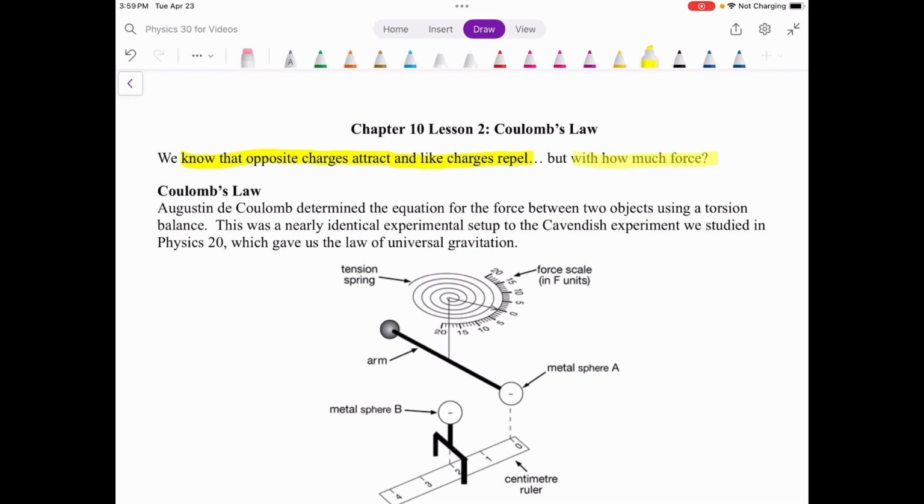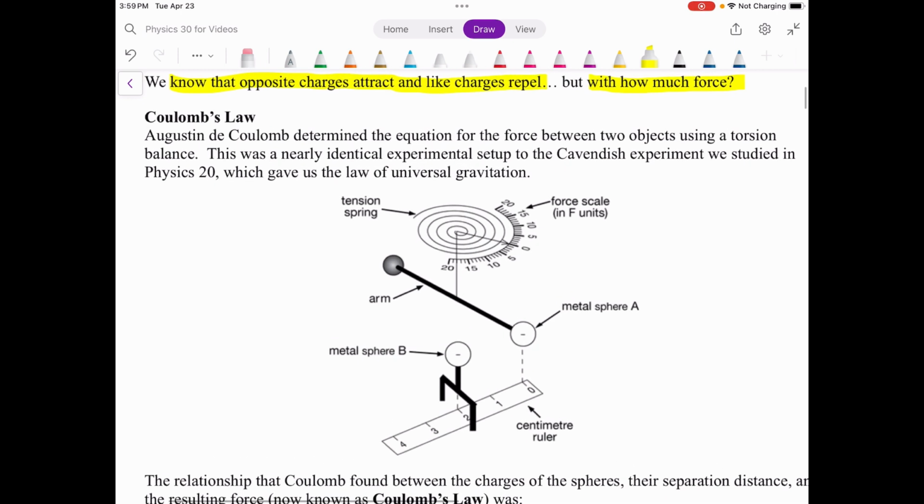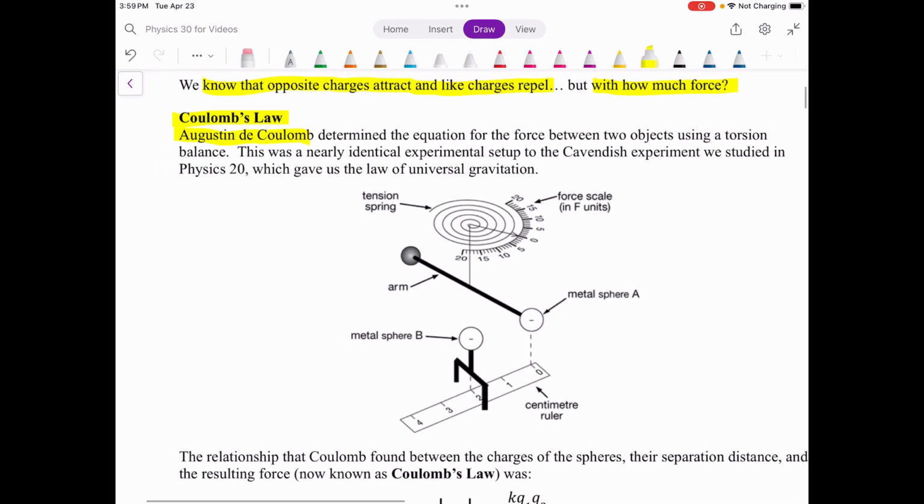So can we quantify how much force, depending on how much charge we have and how far apart they are and things like that? And that's the exact question that a physicist by the name of Augustin de Coulomb, I'm butchering that, it's a very French name, okay? That's the question that they set out to answer with this experiment that we're going to start out with talking about today.